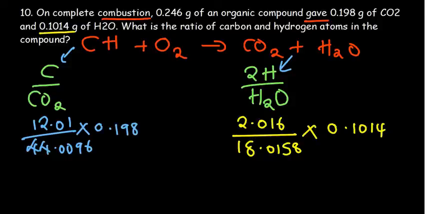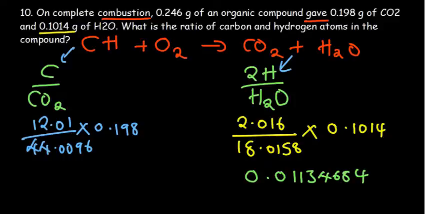So what do we expect there? 2.016 divided by 18, that's for our water, multiplied by 0.1014. So the value I'm getting as my mass of hydrogen is 0.0113468.